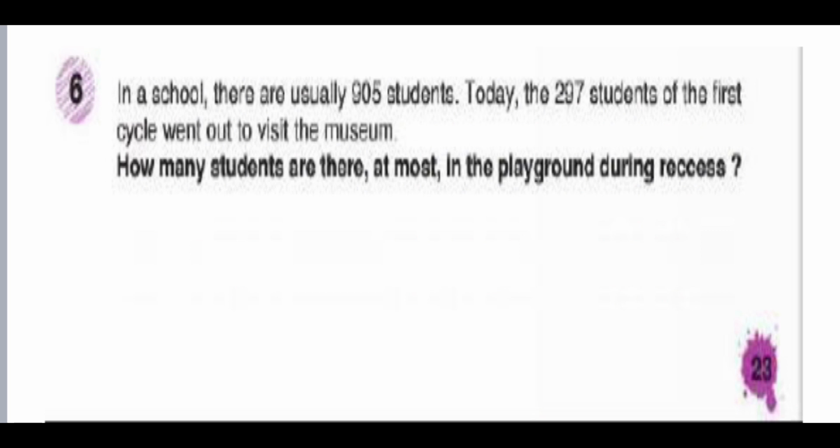So how many students remain in the school that we will see in the playground during recess? To know the remaining number of students, I must subtract the number of students of cycle 1 that went to the museum from the total number of students in the school. So I write 905 minus 297. On the right side, let's do the operation.